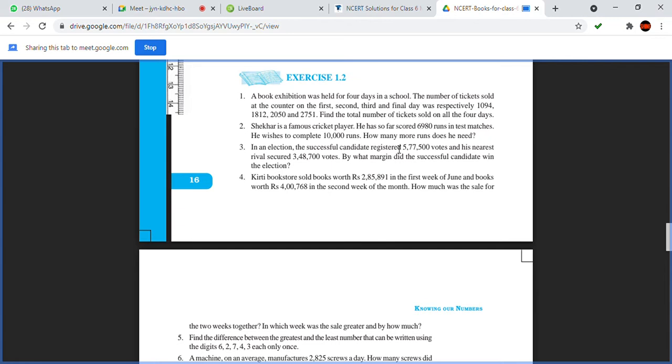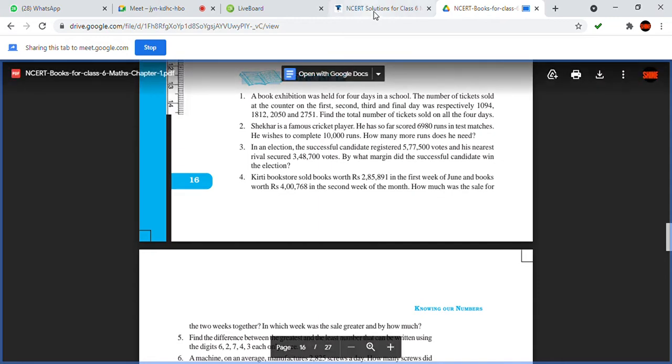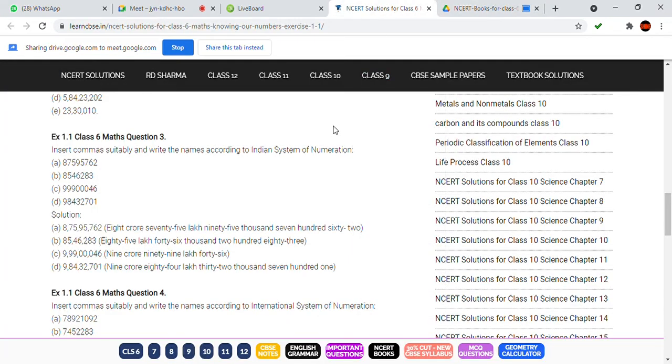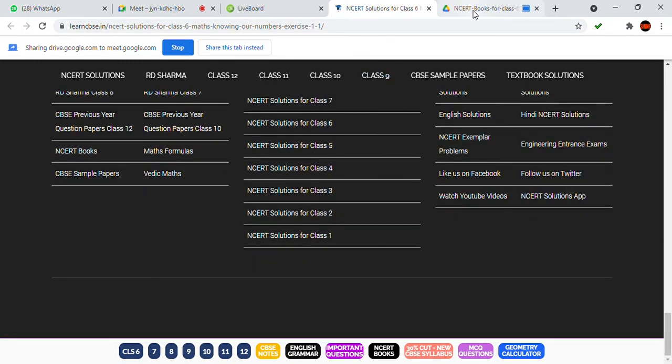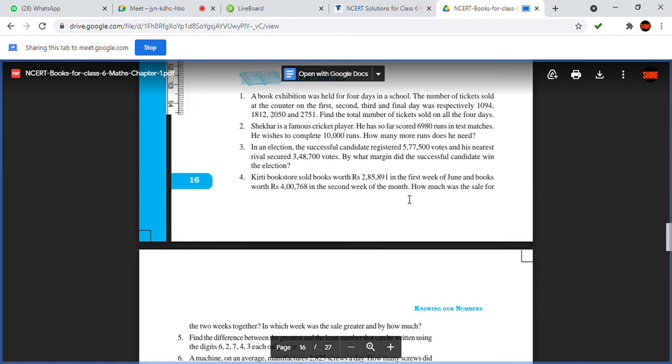From there we can find the runs more he needed. So leave space for writing that question, and after you can write the steps in this way.